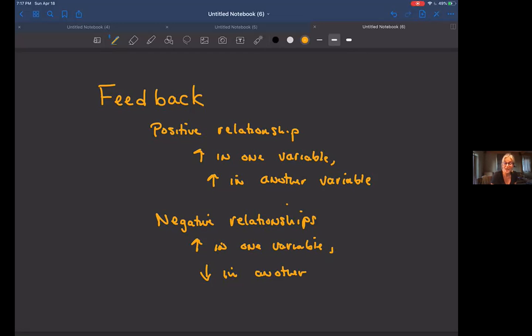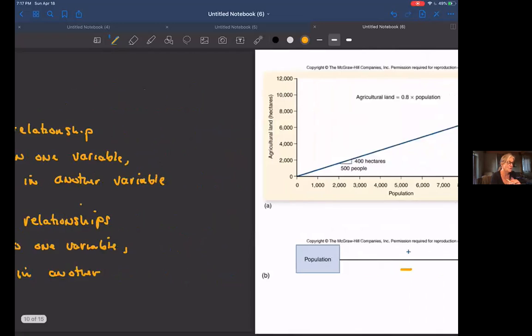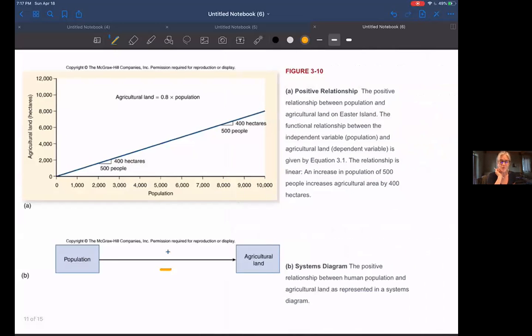Okay, so we can look at this in a social system, like in humans. In this particular example, the population is one variable. That's my population size. That's not something that I change, and so generally we call that the independent variable. This is something that we can change, and this is the amount of land that we convert to agriculture.